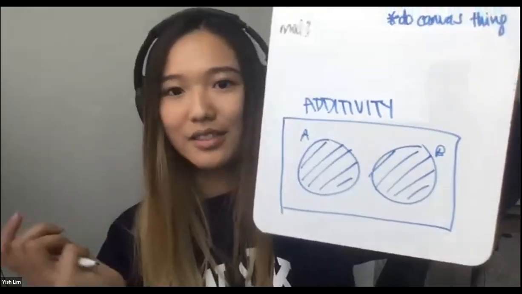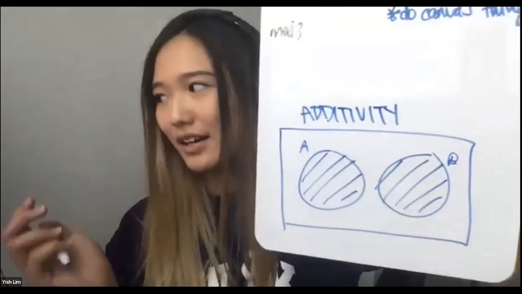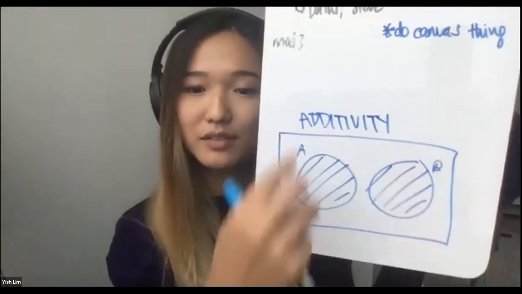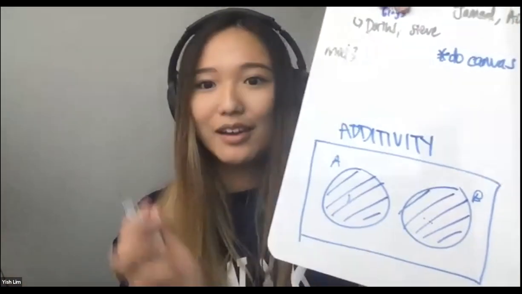And so the axiom of additivity is basically saying that the probability of the union of this is equal to the probability of this plus the probability of this, as long as they do not intersect.